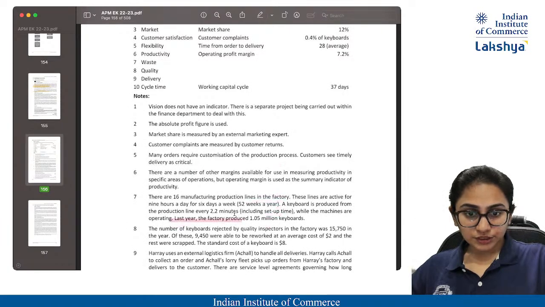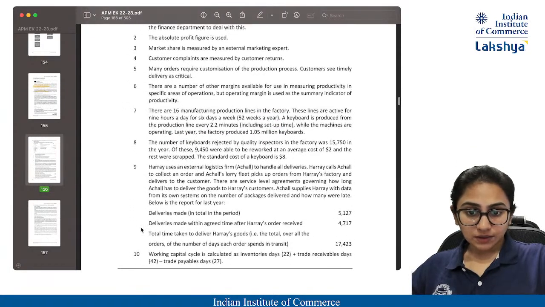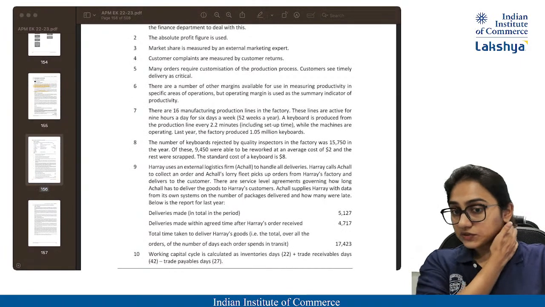And the keyboard takes 2.22 minutes per production line. That is the only data about working capital available to us. So let's write our answer based on that data only.